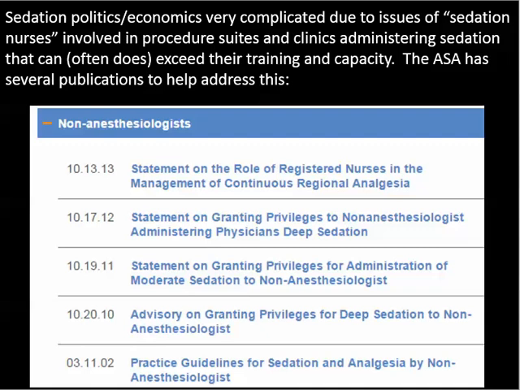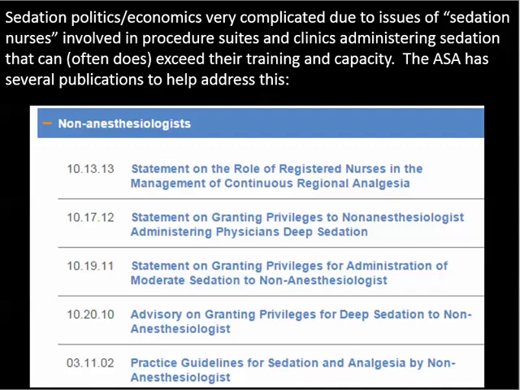There are lots of implications and issues about the so-called sedation nurses that they have in GI suites, in bronch suites, cath labs, and IR in some places, and so on and so forth, especially places that are not big teaching hospitals like ours, where they don't have anesthesia personnel that are willing to go to the so-called safari or offsite or satellite or whatever you want to call them locations and do these kind of cases.